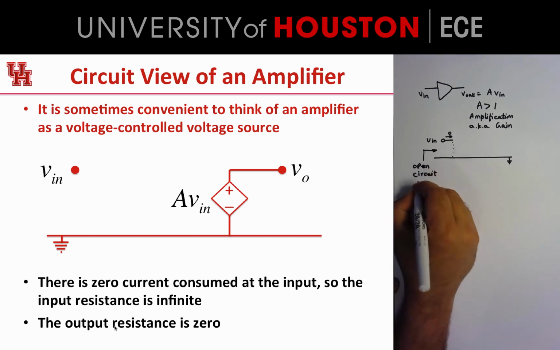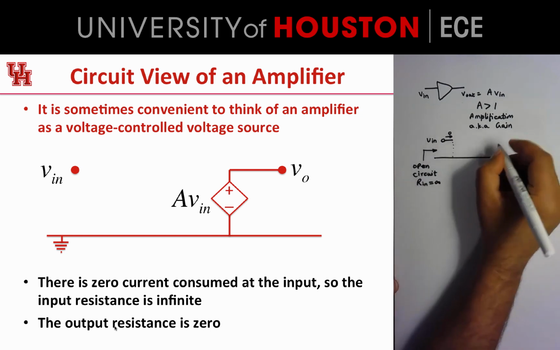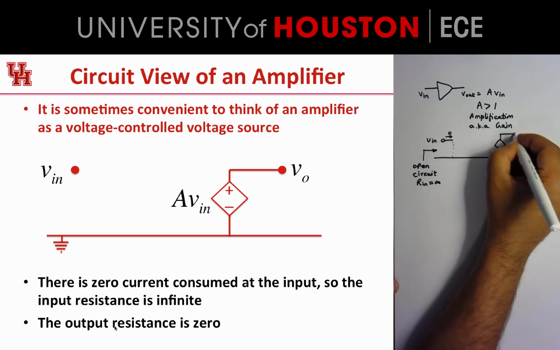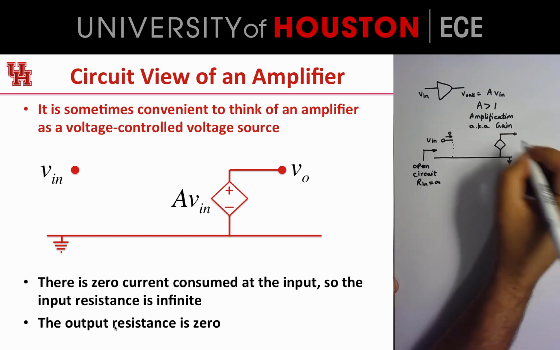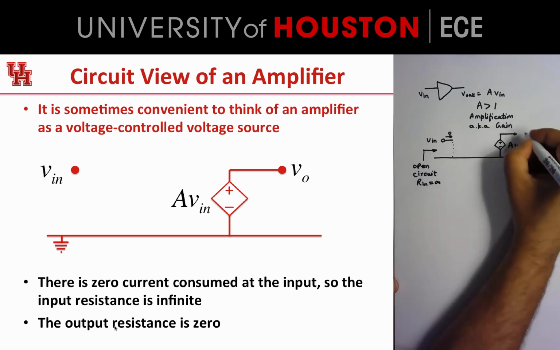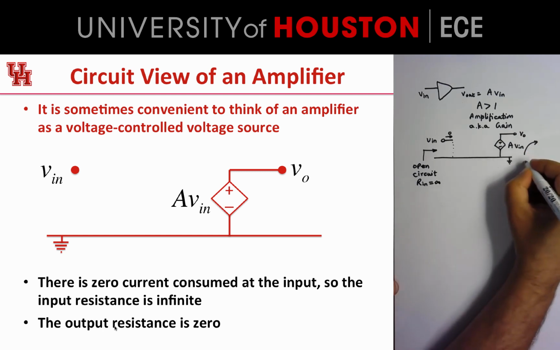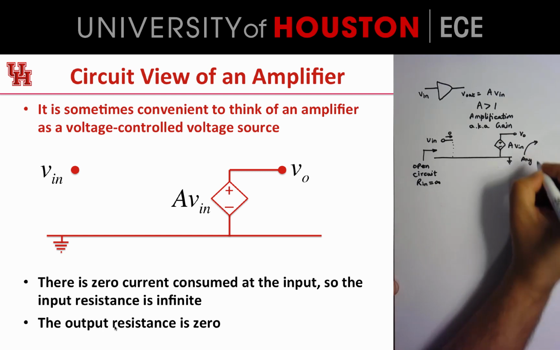In other words, the input resistance is infinity. And on the output side, it simply looks like a voltage controlled voltage source, a voltage source whose value is A times V in. This is the output voltage, and on this side it can put out just about any current that you wanted it to.